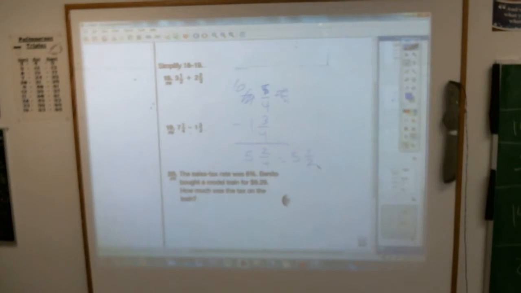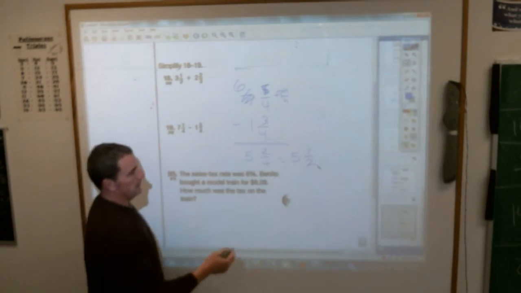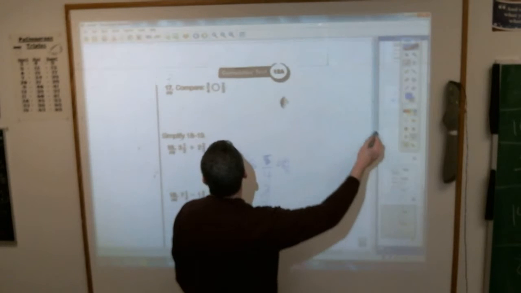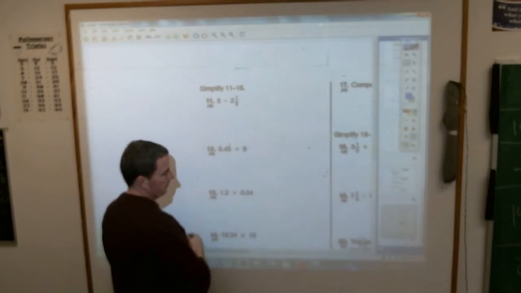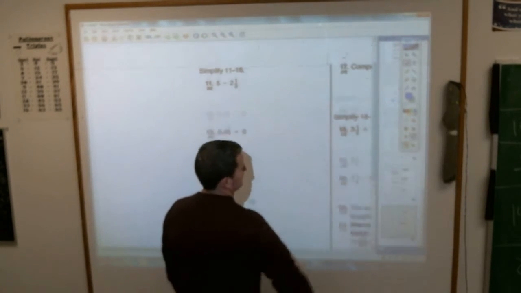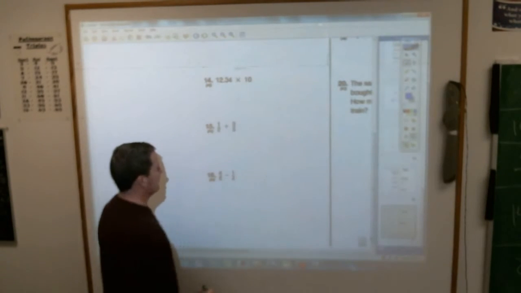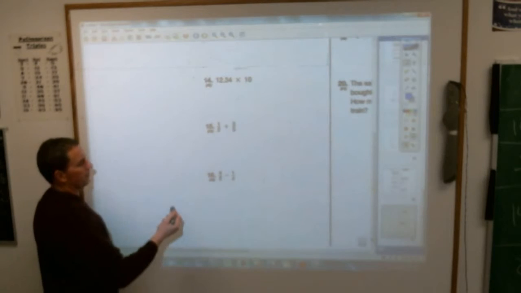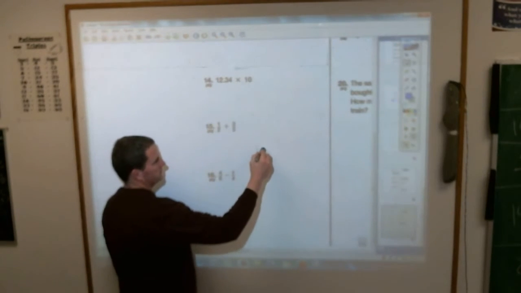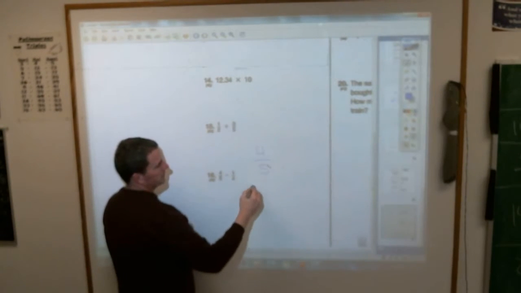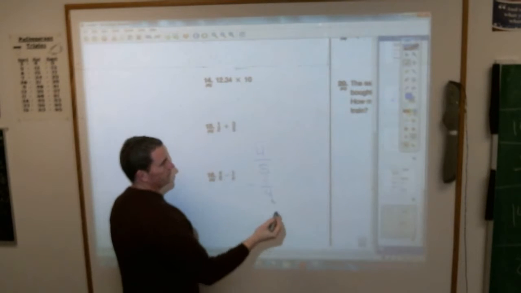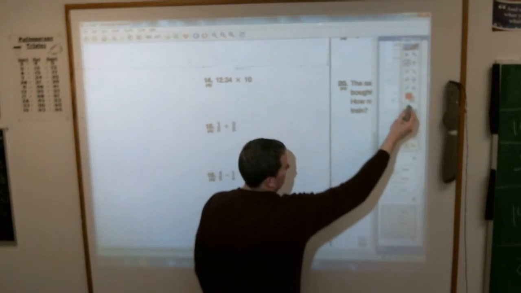How do you do number 16? Write them up and down, yes? And we got some suggestions for me. What do we do when we have fractions that don't have common denominators?